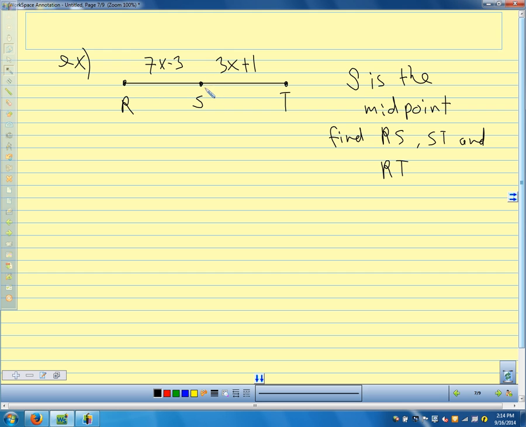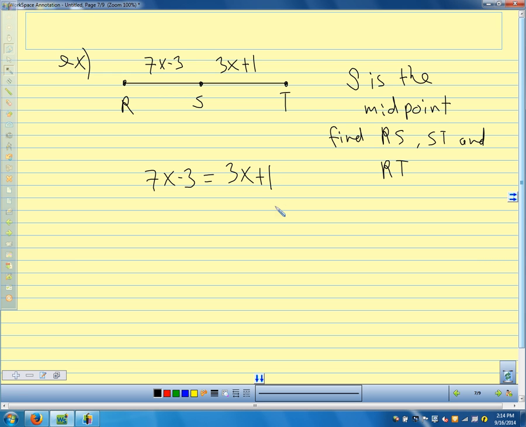So it says S is the midpoint. The midpoint does what to our segment? Divides it in half. So what do we know about these two pieces? They equal each other. For midpoint problems, the two pieces equal each other. So I'm going to say 7x minus 3 equals 3x plus 1. The two are the same.